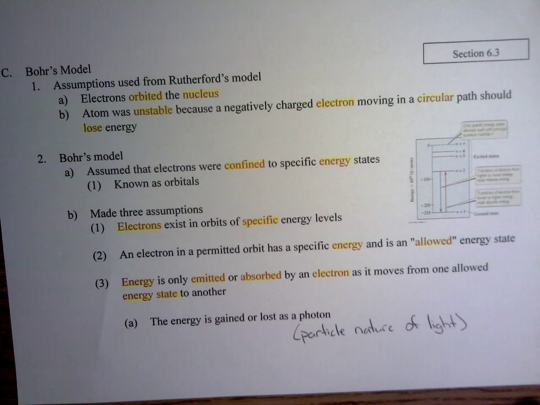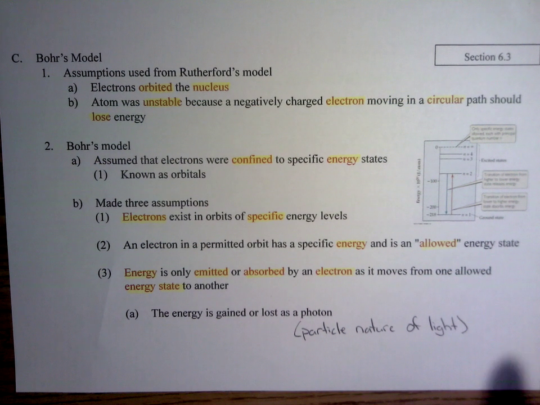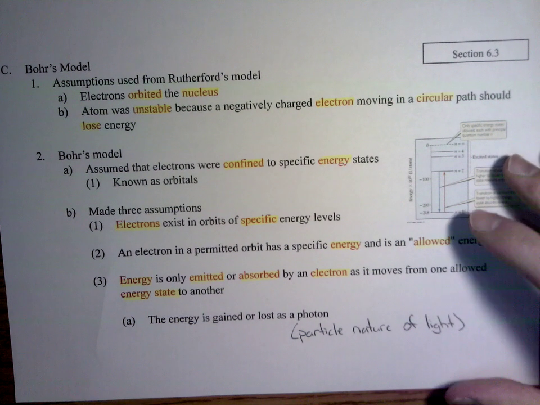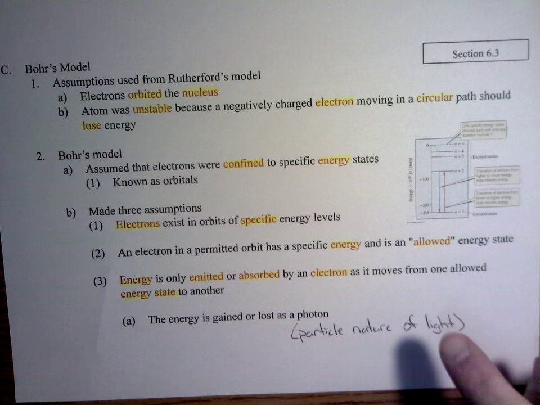So what they're saying is that, hey, as these electrons jump up and down energy levels, which we'll get into more specifically as we go further into this unit, they're going to emit light.